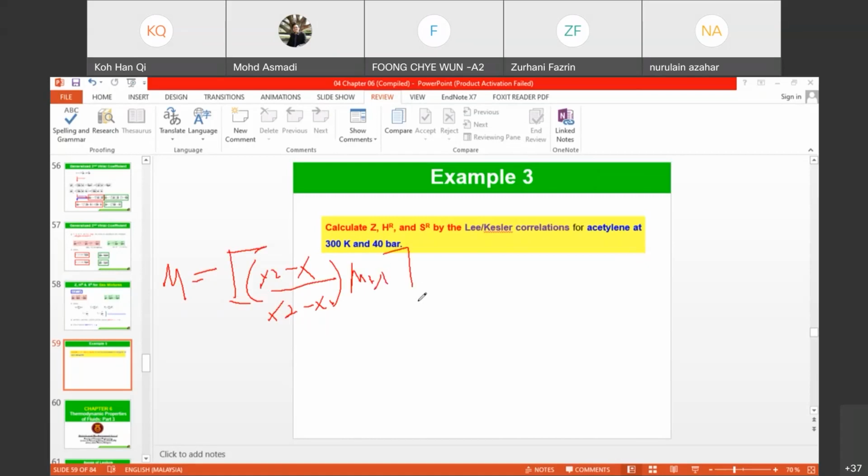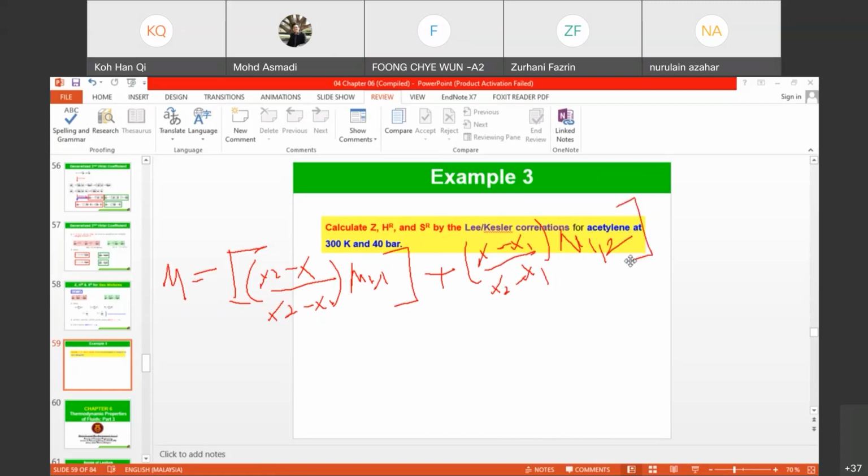m11 plus x minus x1 divided by x2 minus x1 times m12.